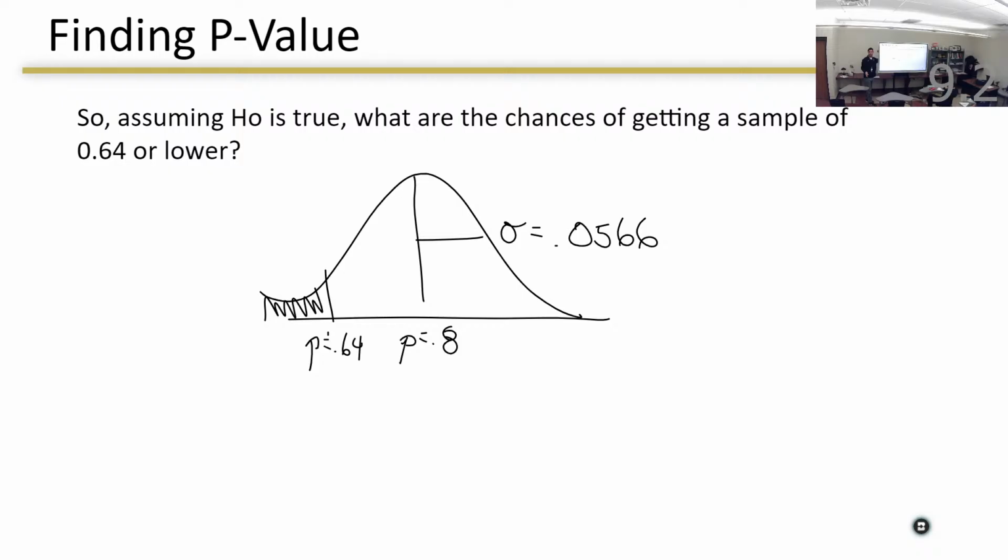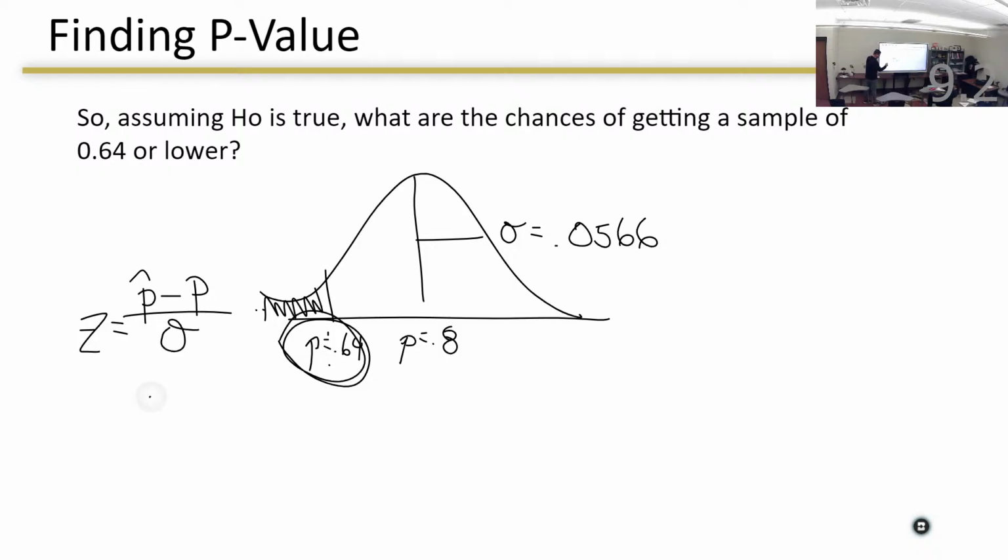Well, if I don't want to find that proportion, I want to see how many standard deviations that is away from the mean. Rather than finding the probability of this, I want to know that standard deviation. And you guys know how to do that, because we know that the z-score is equal to p hat minus p over the standard deviation.